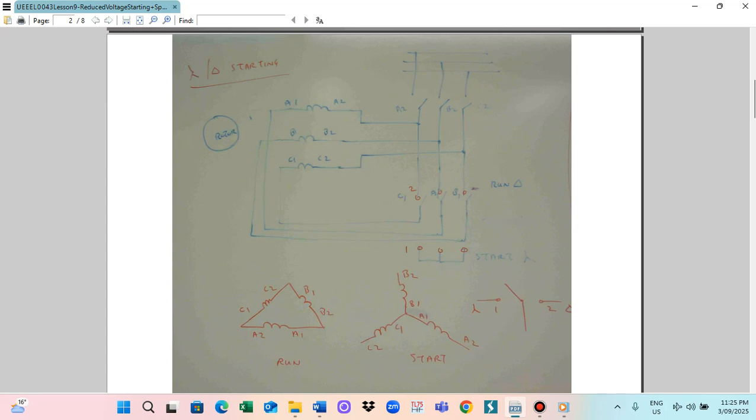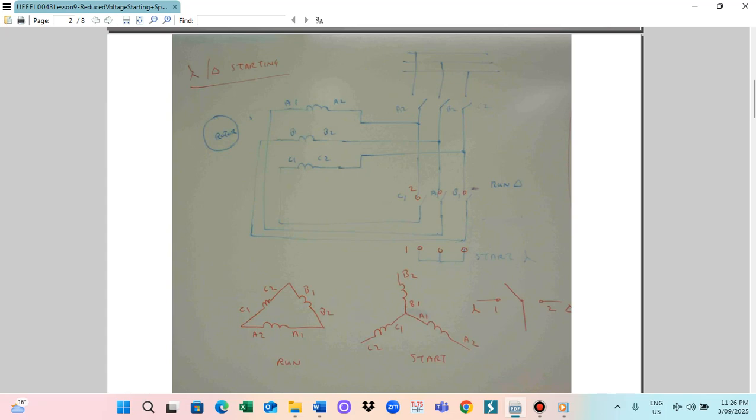This is the middle one, and this is position 1 and this is position 2. Position 1 is connected for the star, position 2 for the delta. So at the starting time it is joined to position 1, the star, and at running time this will change to the delta.